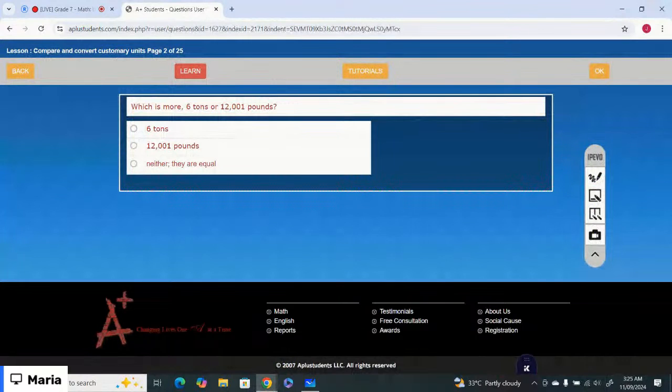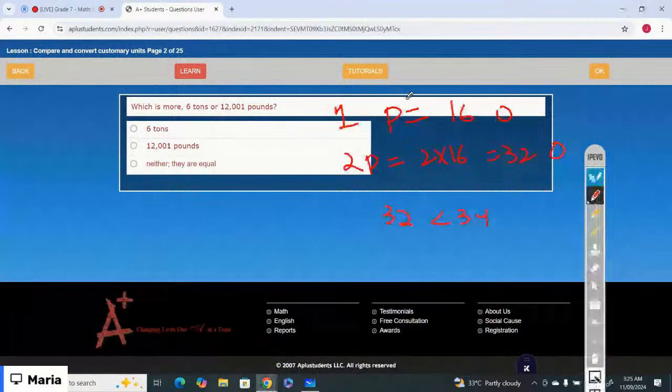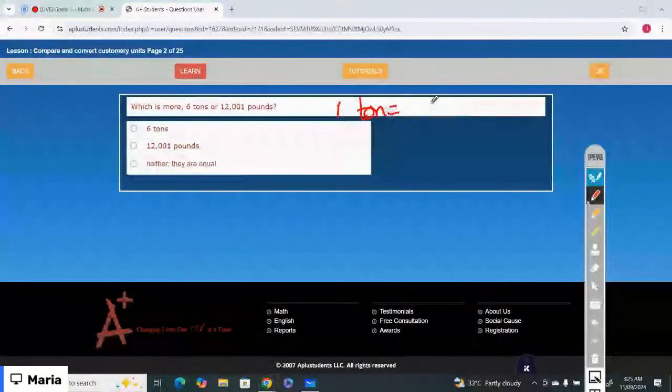Which is more, 6 tons or 12,001 pounds? Which is the correct option? 1 ton equals 2,000 pounds, right? So then 6 tons equals 6 times 2,000, that is 12,000 pounds.